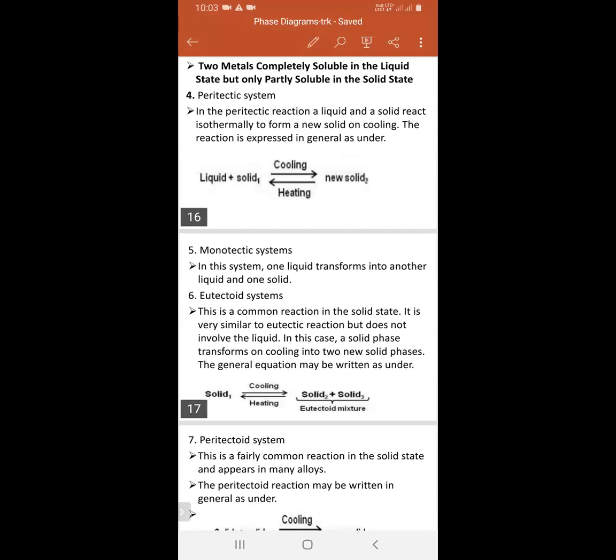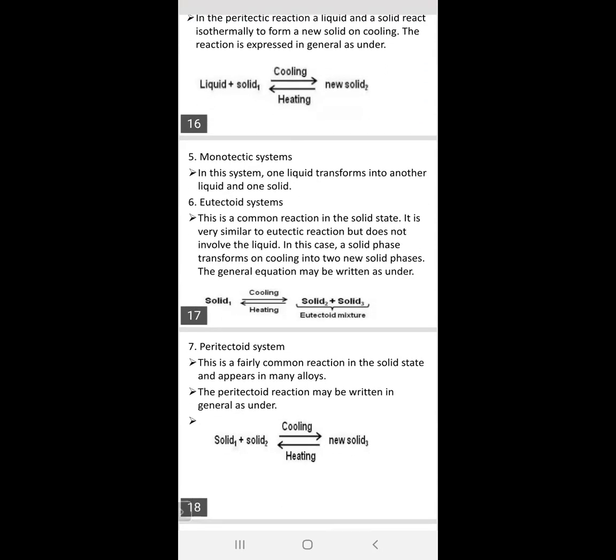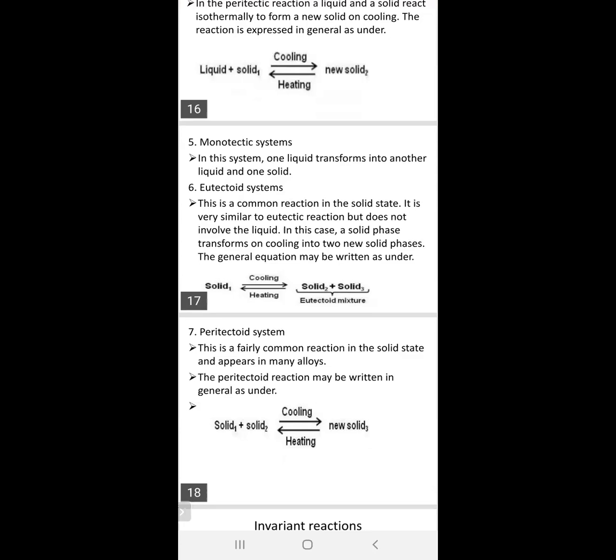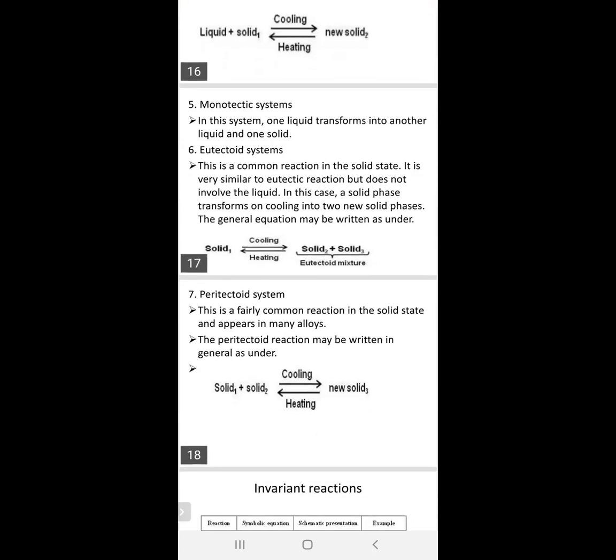See, phase diagrams, I'm repeating again. Peritectic system: liquid plus solid 1 gives new solid 2. Monotectic system: in this system, one liquid transforms into another liquid and one solid. Next, eutectoid. This is important. This is a common reaction in the solid state.